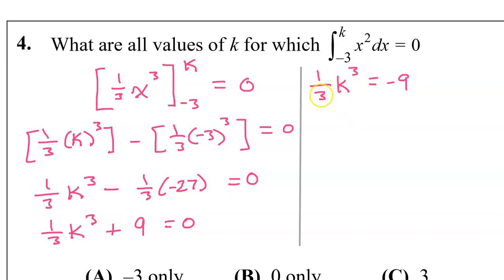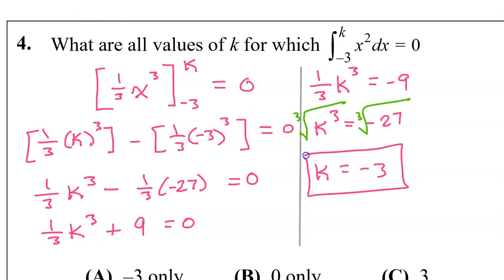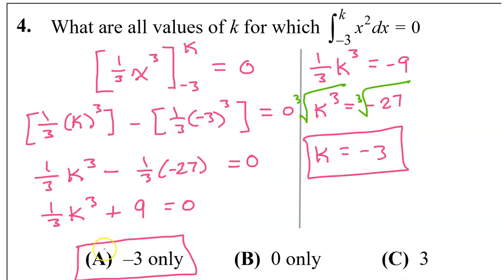Multiplying both sides by 3, we'll take out this 1/3. So we will have k to the third power is equal to negative 27. Next, we will take the cube root of both sides of this equation, and that will leave us with k is equal to -3. So that is the answer. So the answer is A.